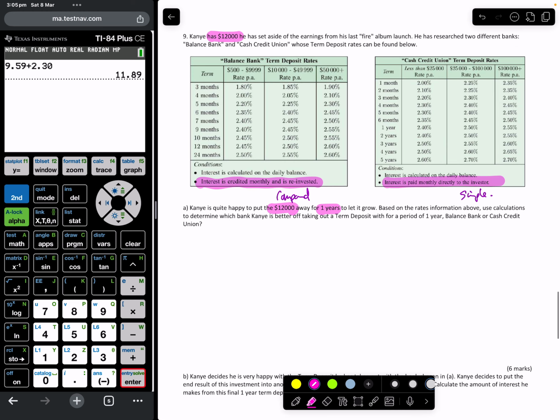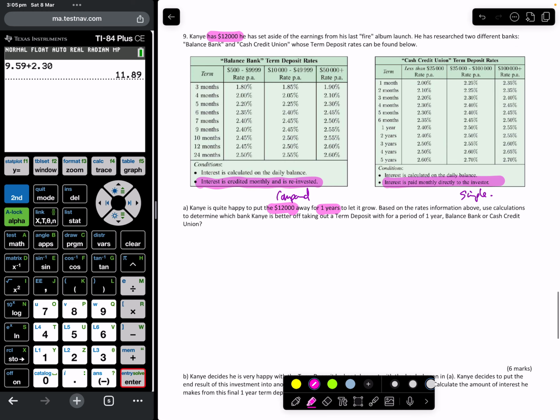Cash Credit Union is simple interest. So let's do it over here, because I'm going to do 3 separate calculations here. 12 grand, for 1 year, at 2.4%.